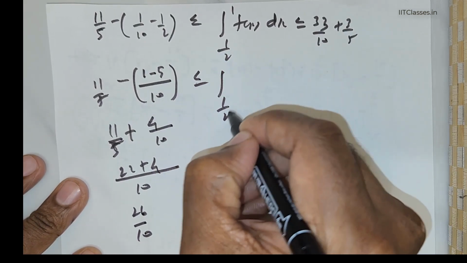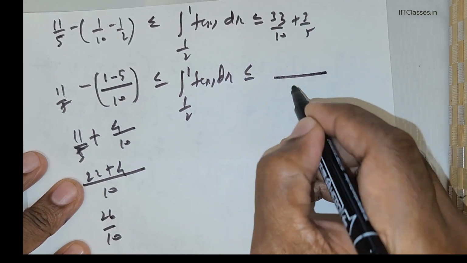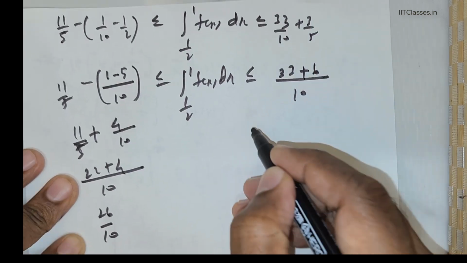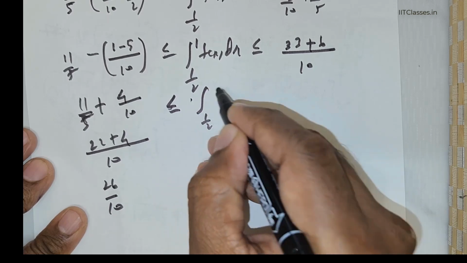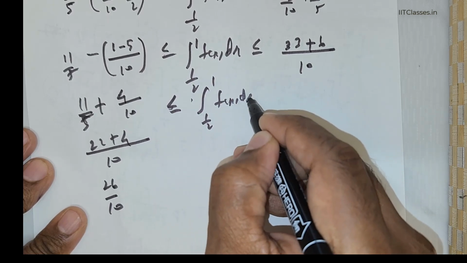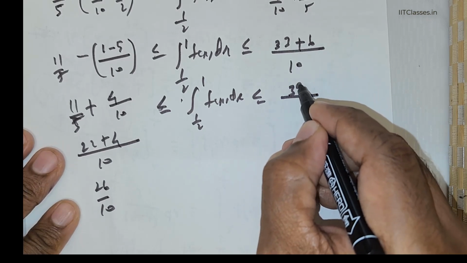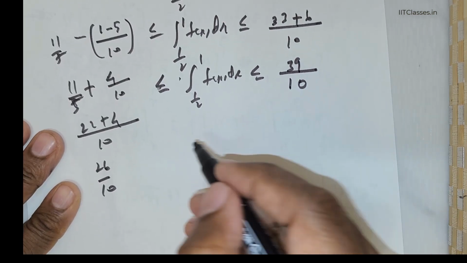So less than or equal to integral from 1/2 to 1 of f(x) dx, less than or equal to, LCM is 10. So this is 33 positive 6, less than or equal to integral from 1/2 to 1 of f(x) dx, less than or equal to, this is 39 over 10, right?